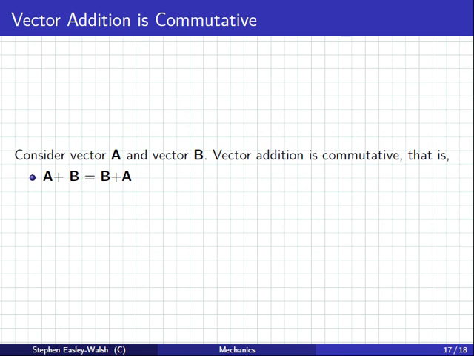If you say something commutes, it means A something B equals B something A. Okay.